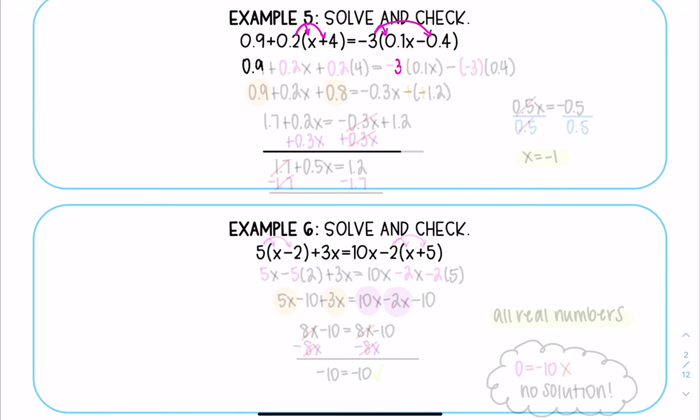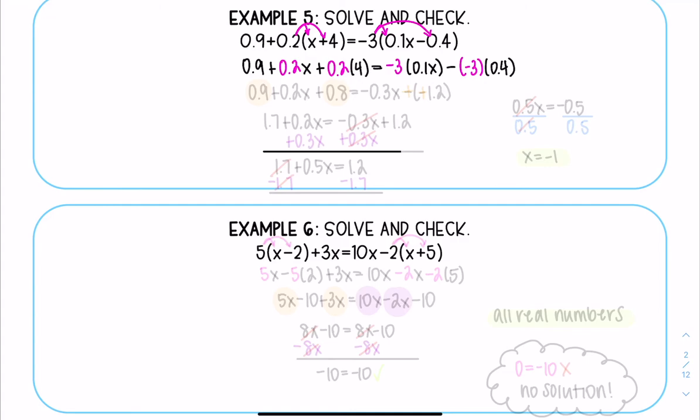So we've got 0.9 plus 0.2 times x, and then 0.2 times 4 equals, we've got negative 3 times 0.1x, and then negative 3 times 0.4.